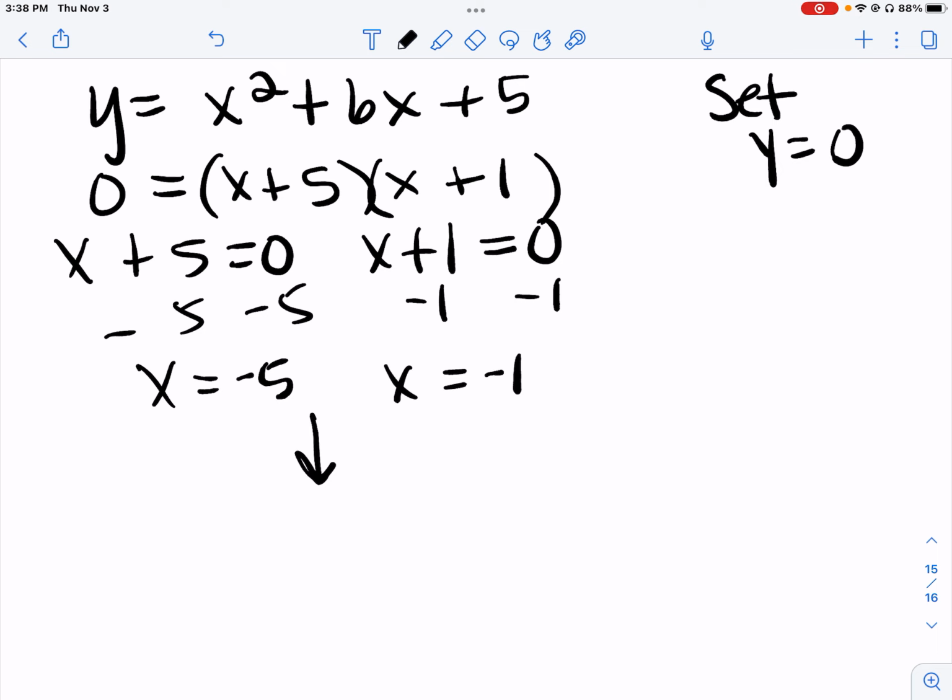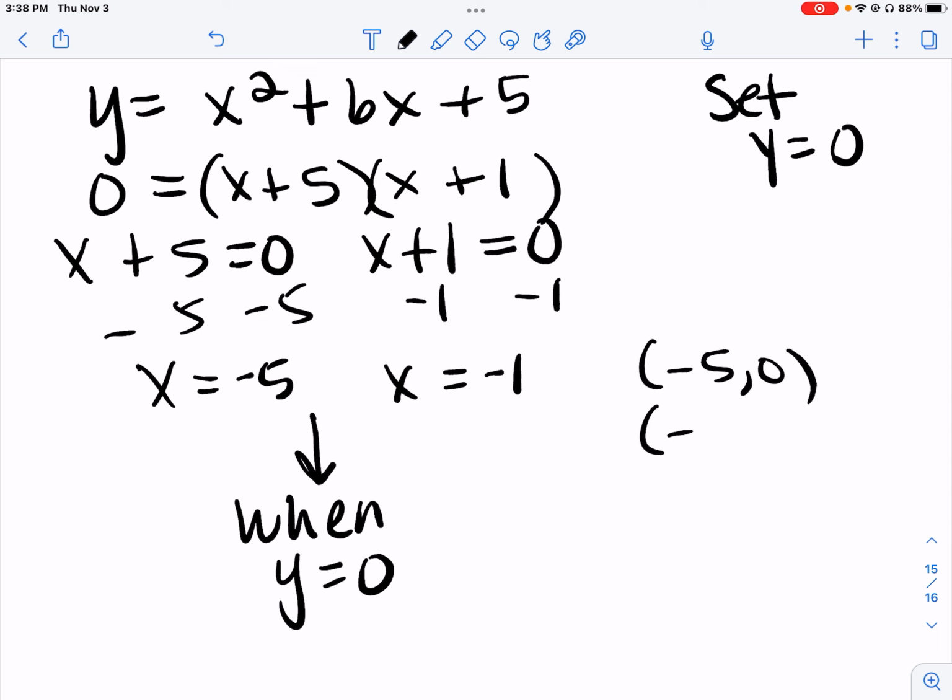Now, here we set y equals to 0. That means this is when y equals 0. Okay, so that gives us the points, 2 points when y equals 0. X is -5, x is -1.